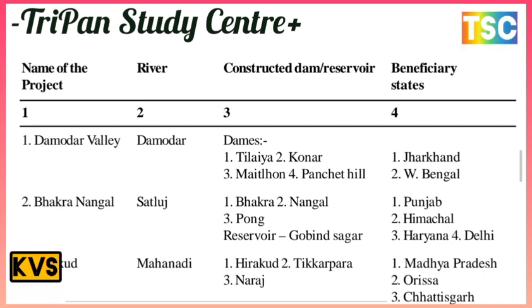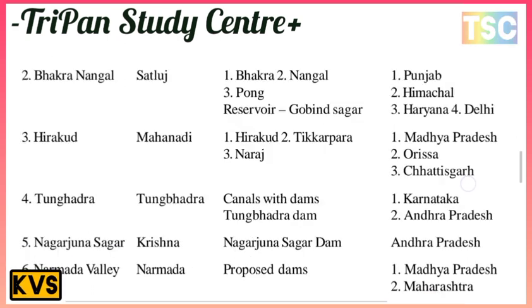And Hirakud is on the Mahanadi, the most important here, Madhya Pradesh, Orissa and Chhattisgarh are beneficial states here. And the next, Tungabhadra is on the Tungabhadra river, and the beneficial states here are Karnataka, Andhra Pradesh. And the next, Nagarjuna Sagar is on the Krishna.